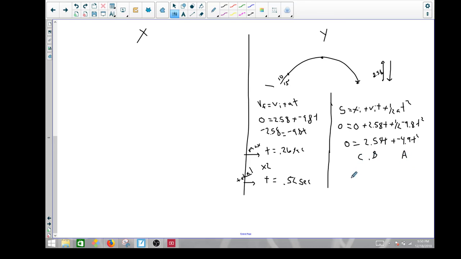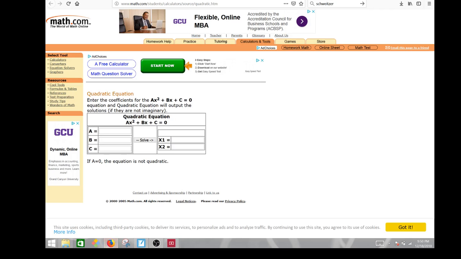I can then plug this into a quad solver, which you have one. Let's take a moment and try this out. My A component is negative 4.9. My B component is 2.58. And my C component is 0. And we want to solve this. Now this gives me two times.